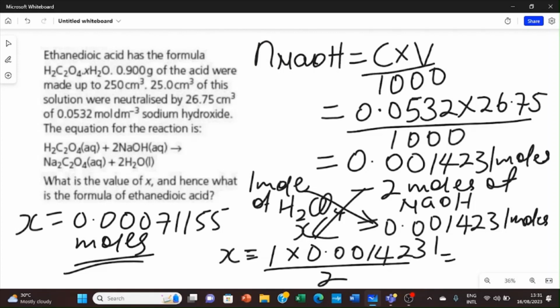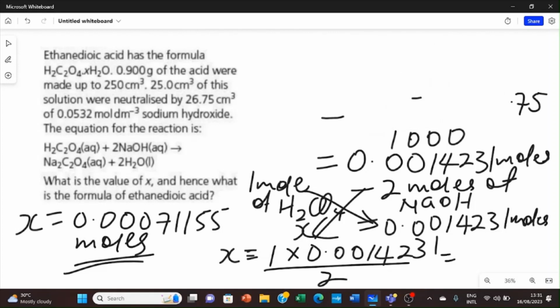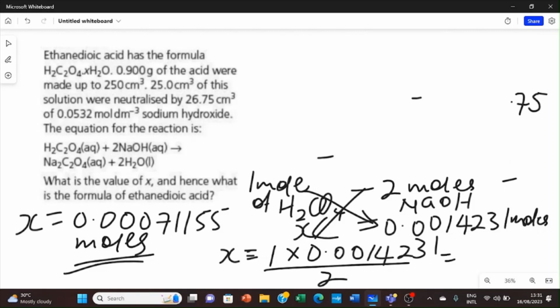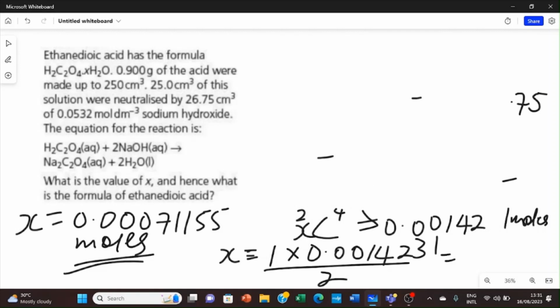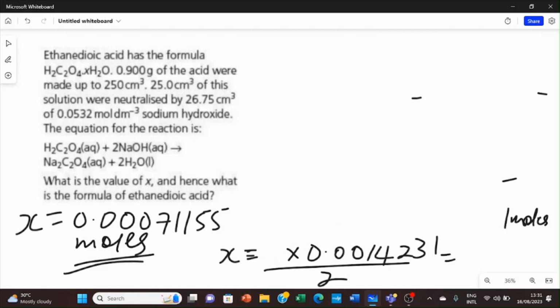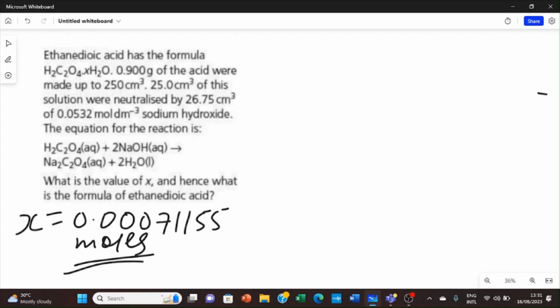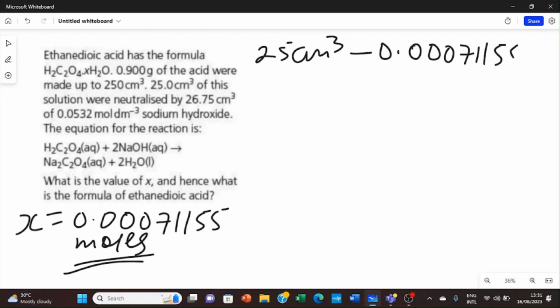So what we have to do is erase this for enough space. So this is the number of moles of the acid in 25. So to calculate the number of moles of the acid in 250, we'll say in 25 cm3, we have 0.00071155 moles.